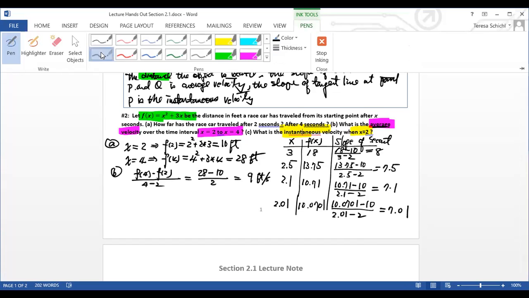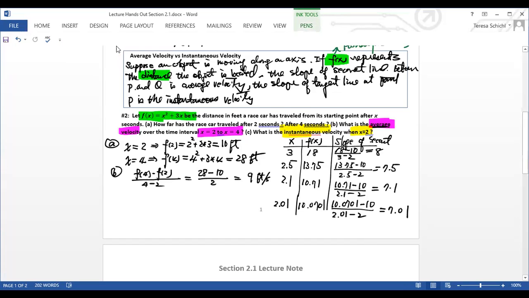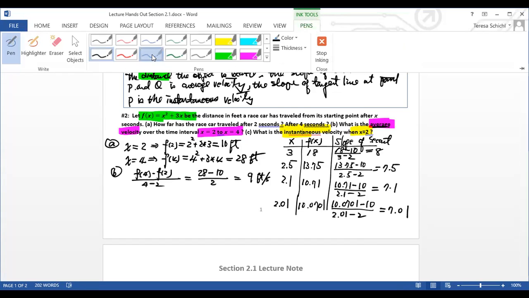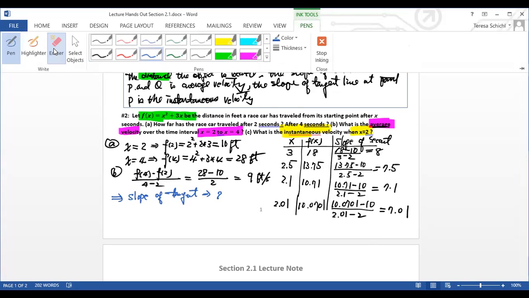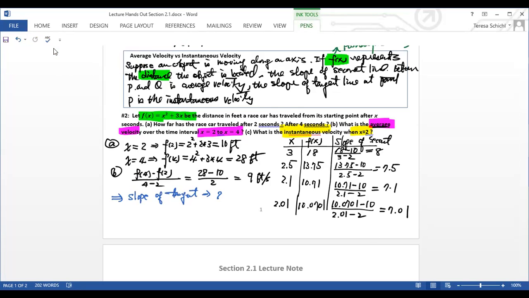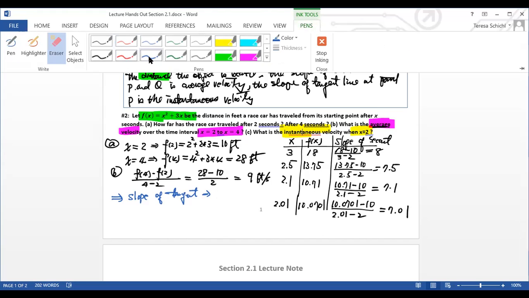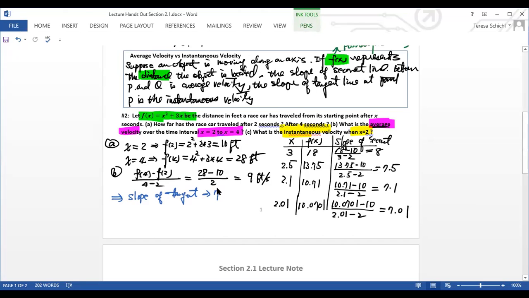So from the table, you can conclude what value they are going to approach. The slope of the tangent will approach what? Approach 7 here, right? So the slope of the tangent will approach 7.